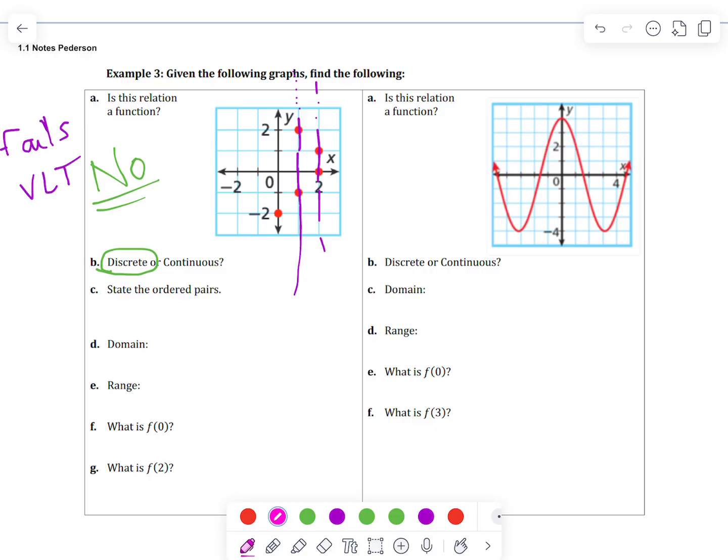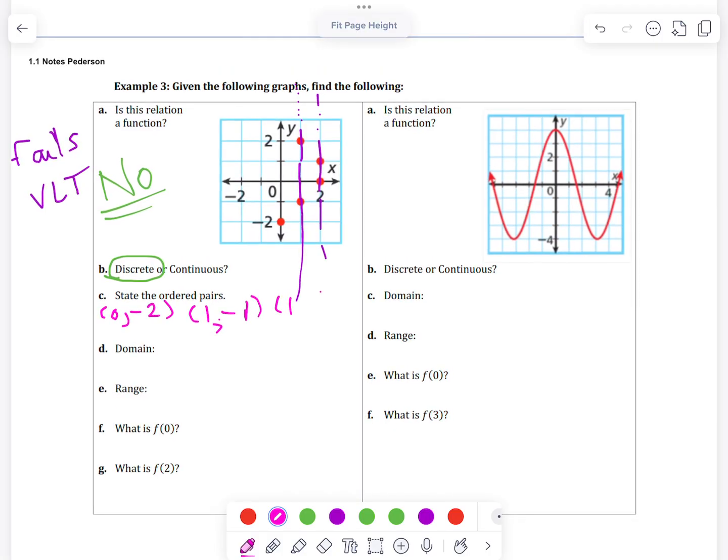Then we ask you to list the ordered pairs. So we have the ordered pair 0, -2, 1, -1, 1, 2. Sorry, these are kind of getting messy here. 2, 0, and then 2, 1.